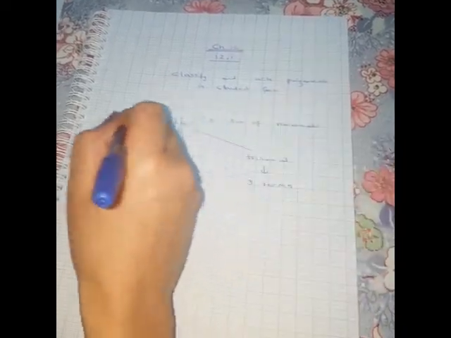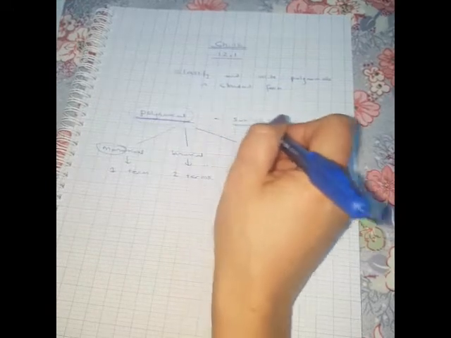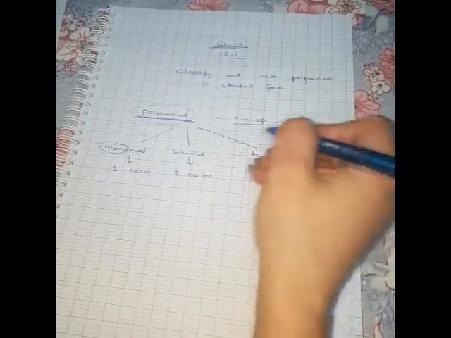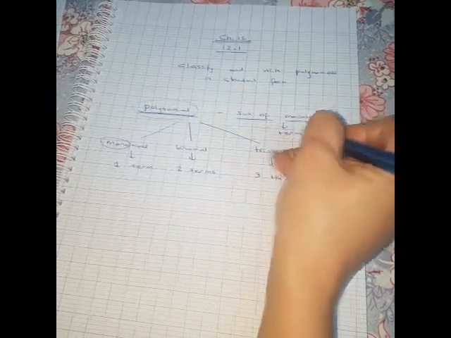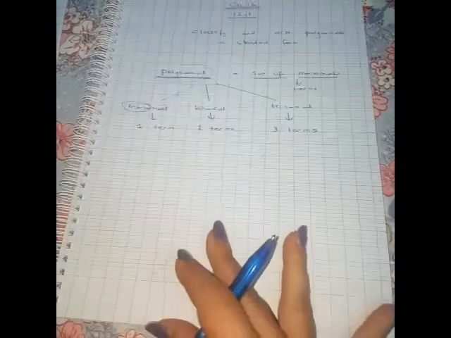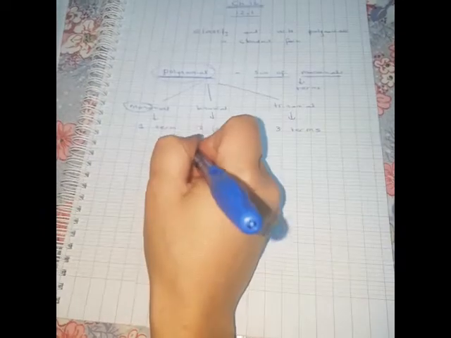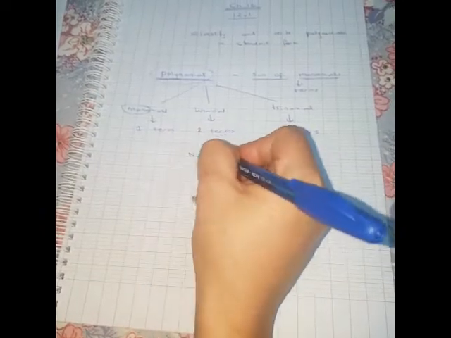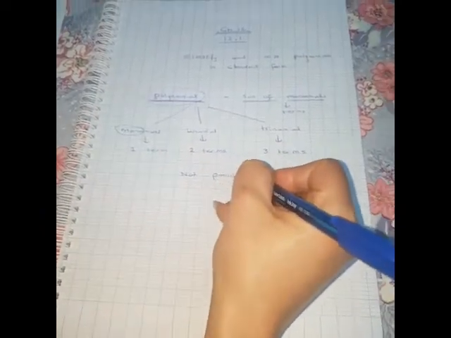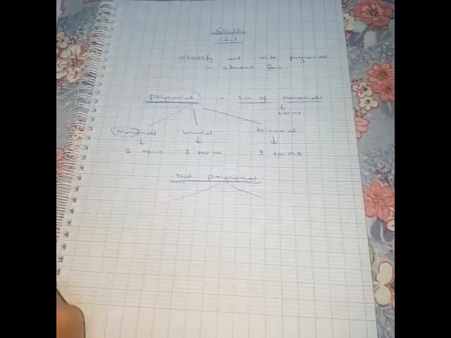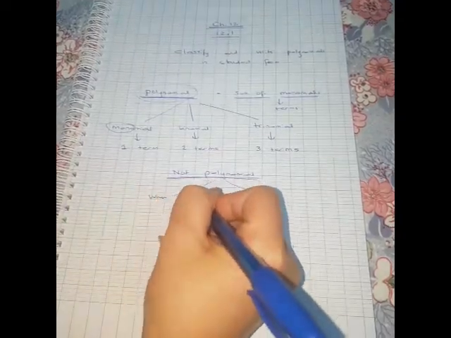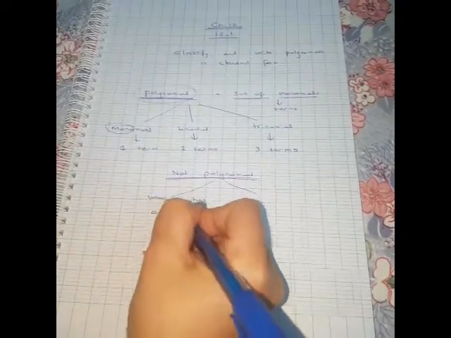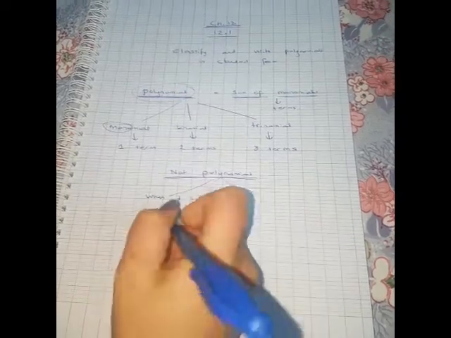So actually a polynomial is a sum of monomials, which are terms. So it's made up of terms. Sometimes some expressions are not polynomials. When is it not a polynomial? Two cases only. When it has a negative exponent.